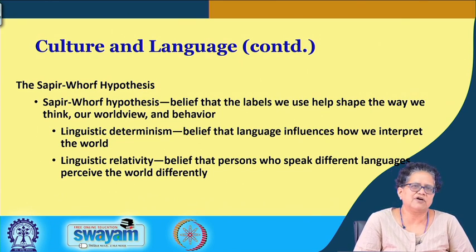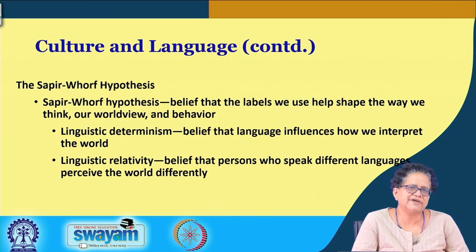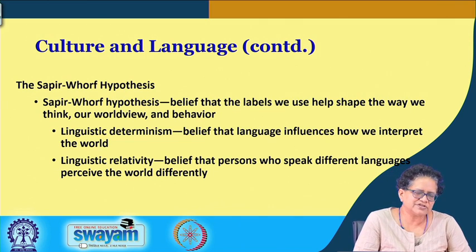The second thread of the Sapir-Whorf hypothesis is linguistic relativity. Now, this is the belief that persons who speak different languages perceive the world differently. This is in fact related to the previous thread of linguistic determinism.